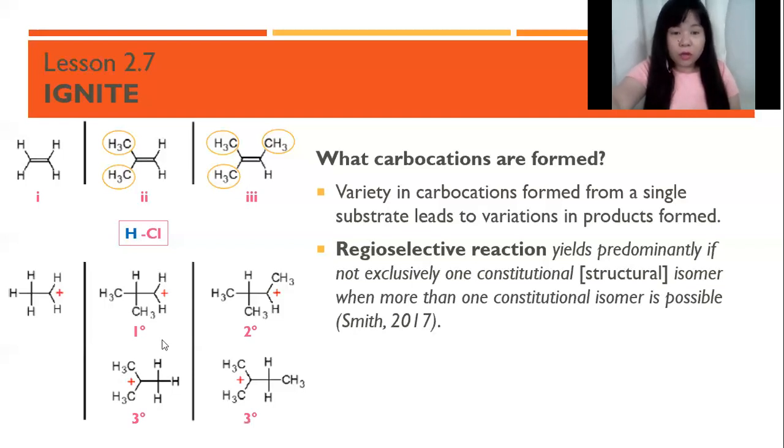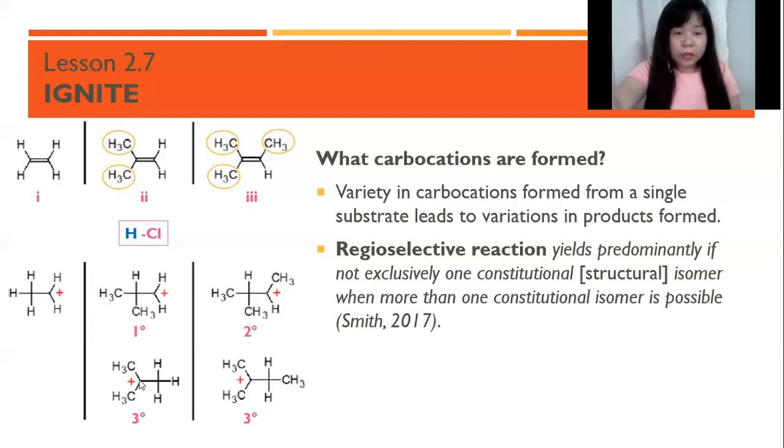So taking a closer look at the degree of substitution of the carbocation, notice that this carbocation is a primary one because we have the carbon here and it's just attached to one other carbon. Then it has two hydrogens attached to it. Therefore, this is considered a primary carbocation. On the other hand, the other possible carbocation formed is a tertiary one.